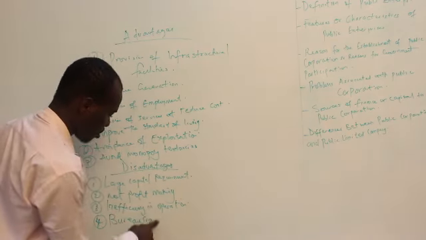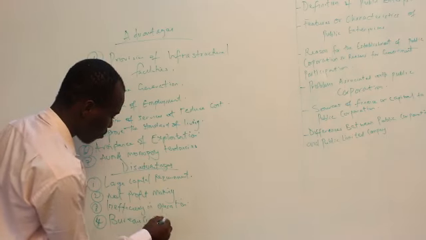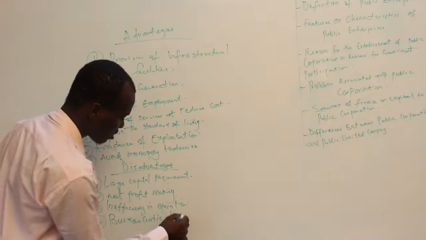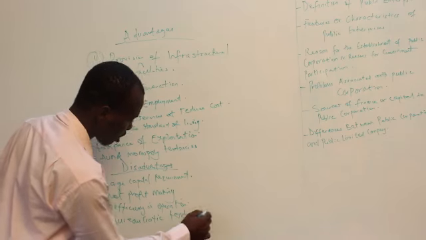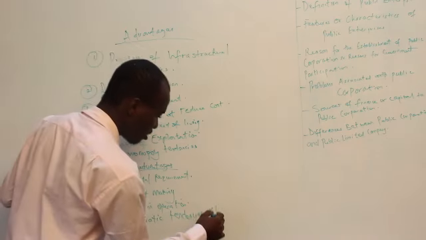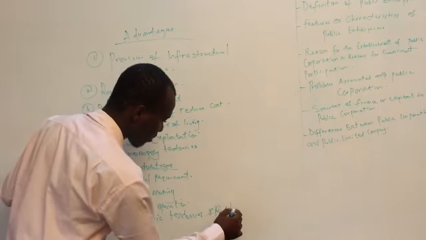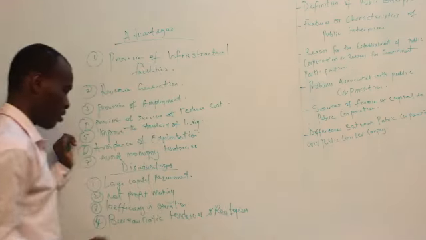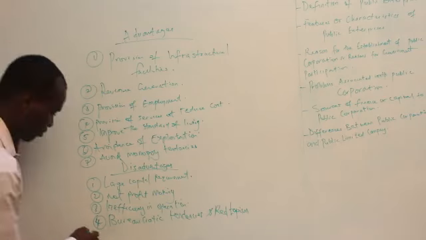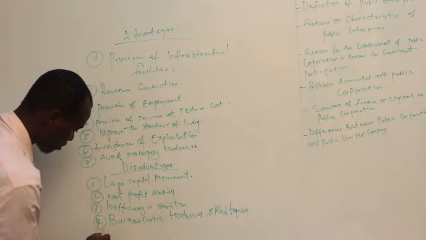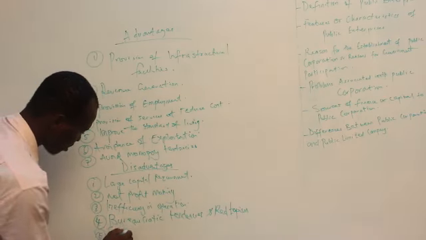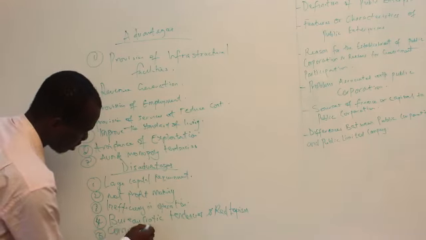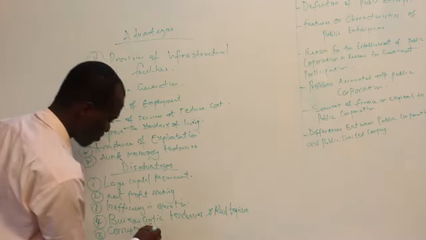Okay, we can put it this way: bureaucratic tendencies and red tapeism. So put it that way. We have corruption and mismanagement.